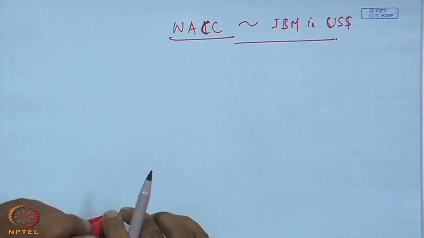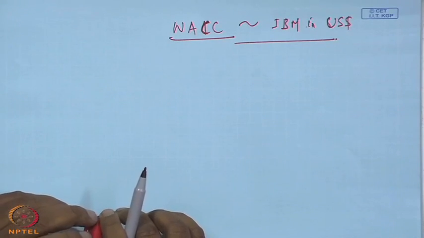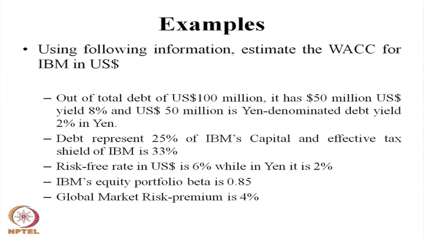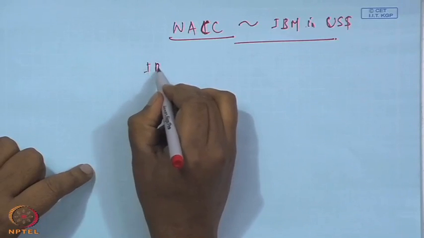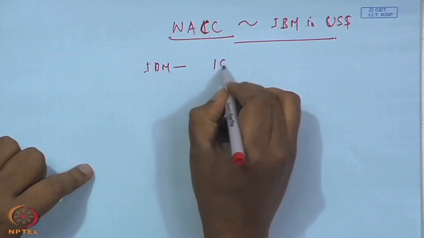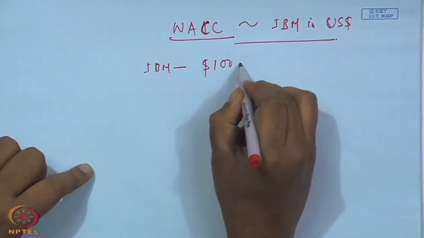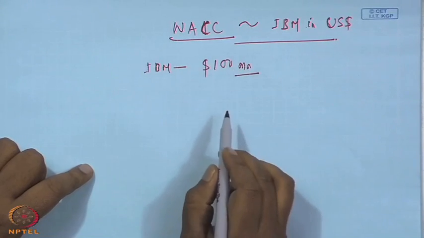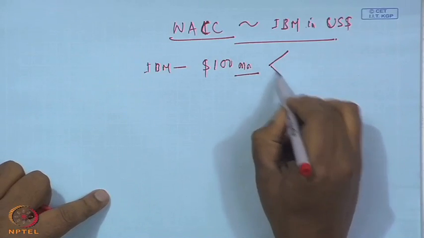IBM has debt of 100 million US dollar, and this 100 million has two parts.